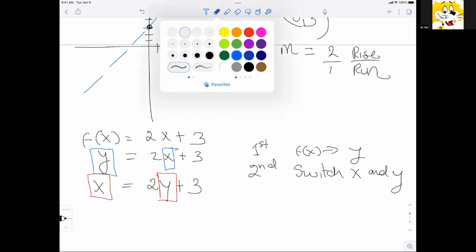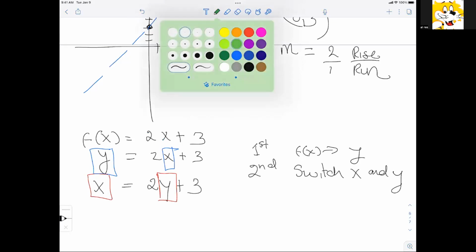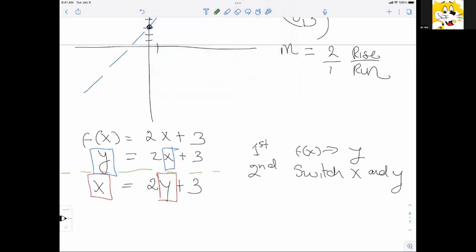Whenever you switch x's and y's, it's like you just crossed into the inverse world. That green line that I just drew here, that's your mirror. You're now into the reflection, inside the mirror.